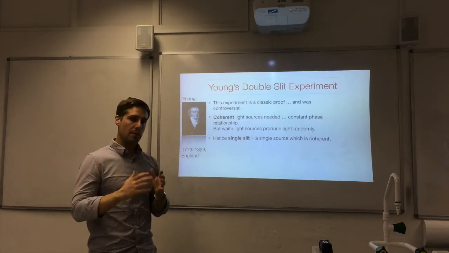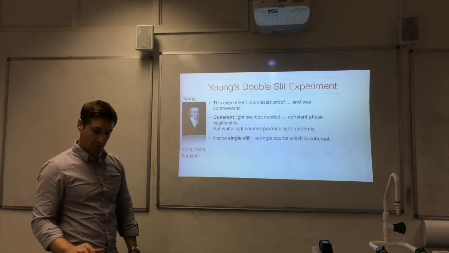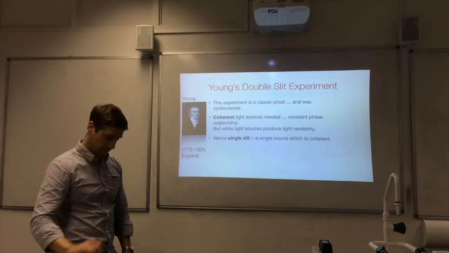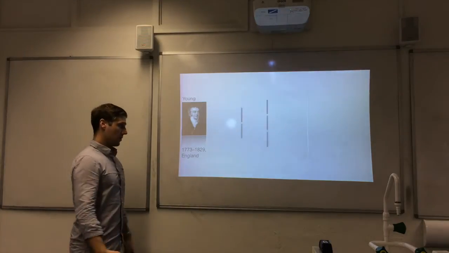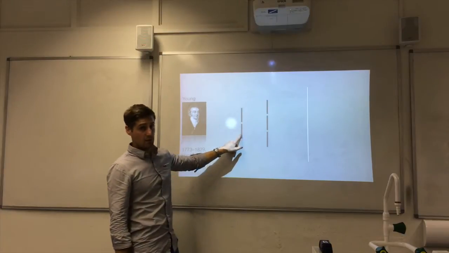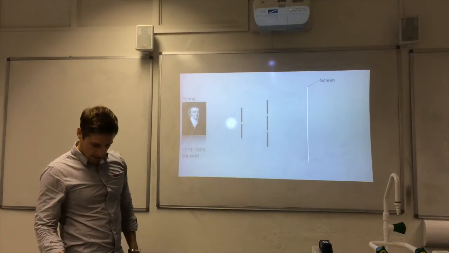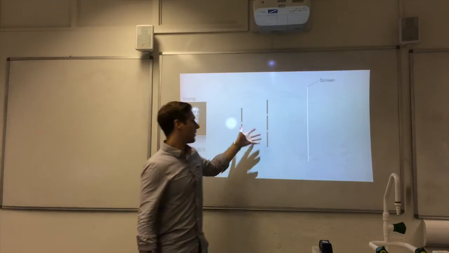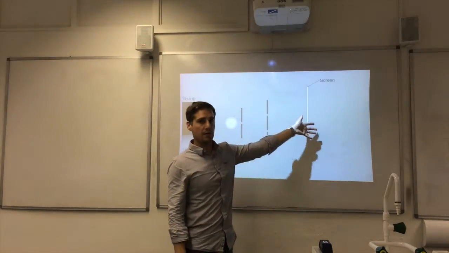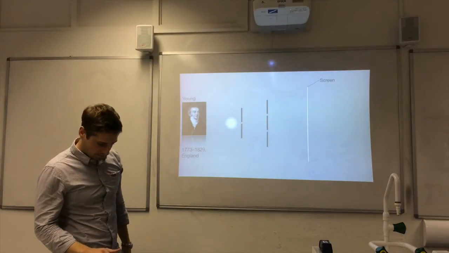So the light will come out the single slit and it will go into the double slits, so you then have two coherent sources of light. There's my source of white light, there's my single slit, and my double slit, and then the light from the double slit is going to shine onto this screen and produce a pattern.